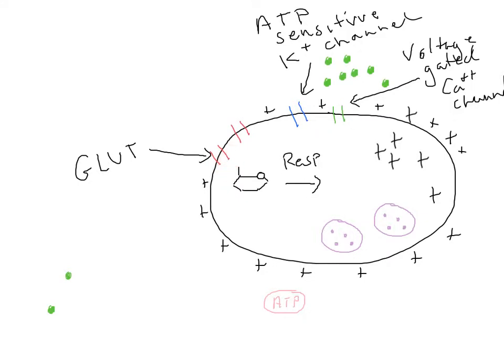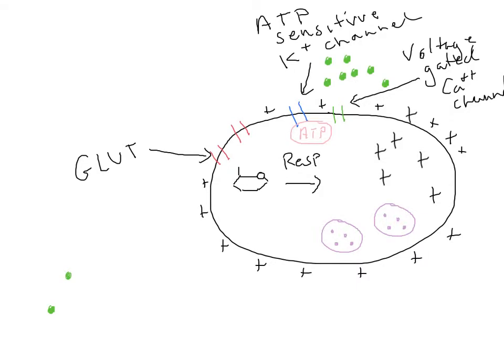Glucose enters through the glucose transport molecule. It then undergoes respiration to produce ATP, and the ATP levels in the cell increase, and the ATP blocks these potassium ion channels.